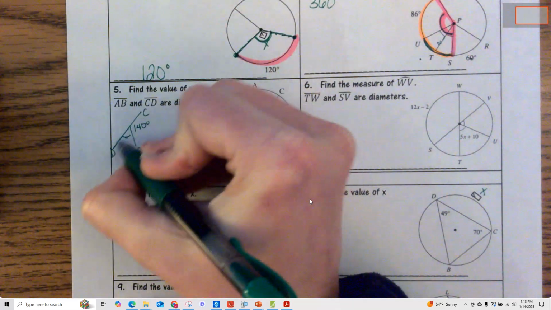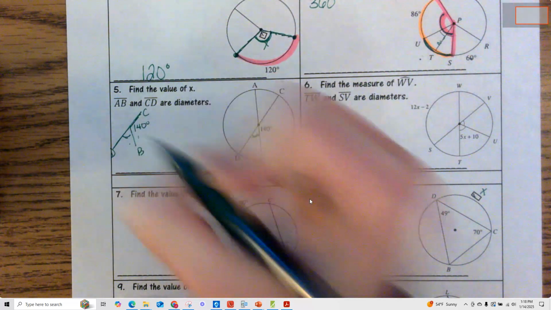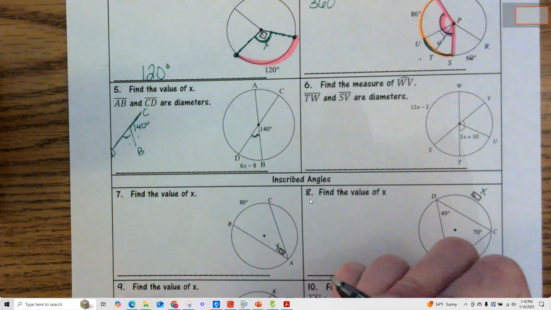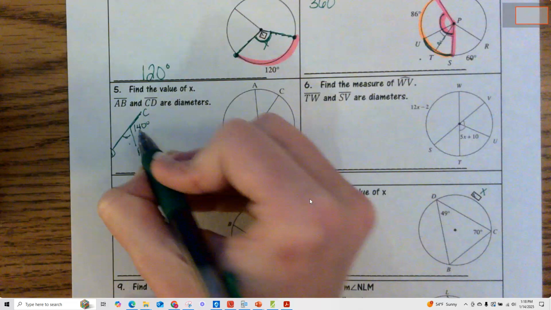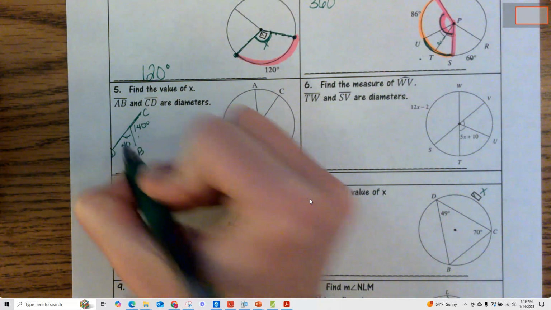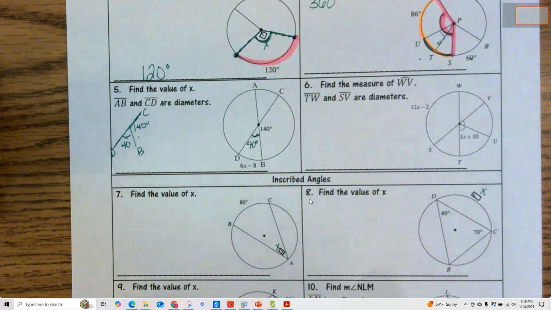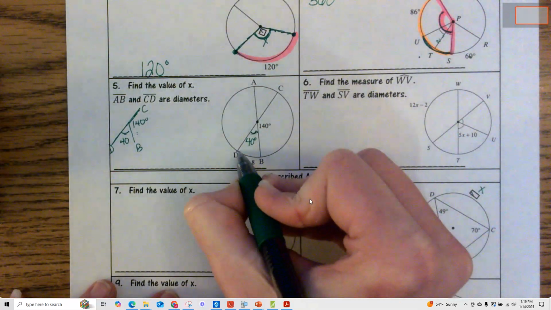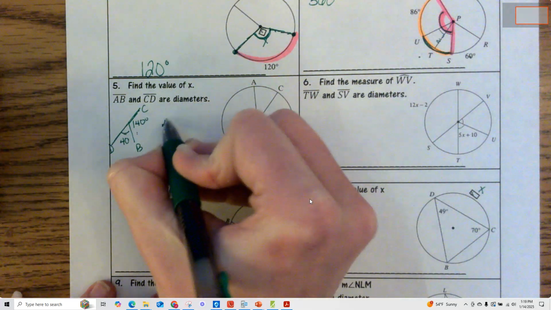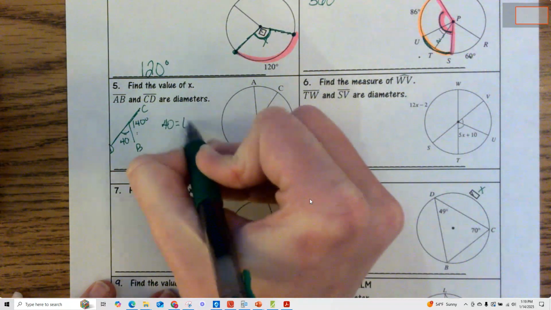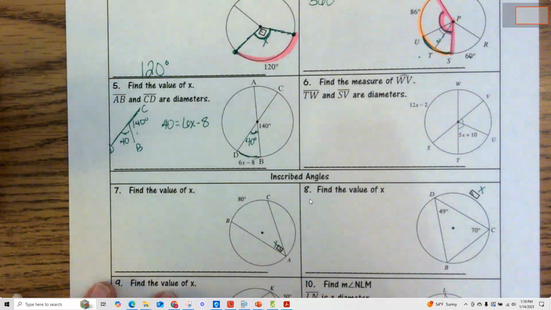So remember when we have these straight angles like this, these two angles together add up to 180. So 180 minus 140 is 40 degrees. This angle is 40 degrees. So the central angle is the same as the arc, so I can set 40 equal to 6x minus 8.